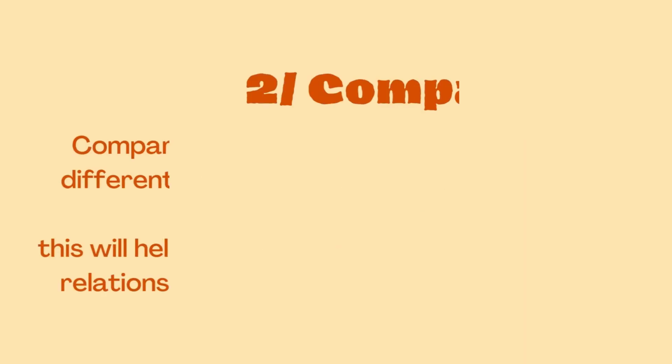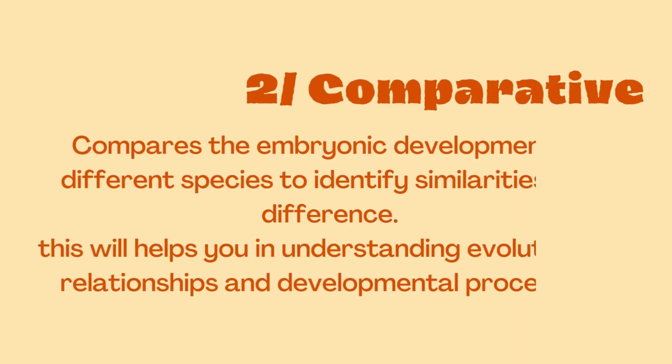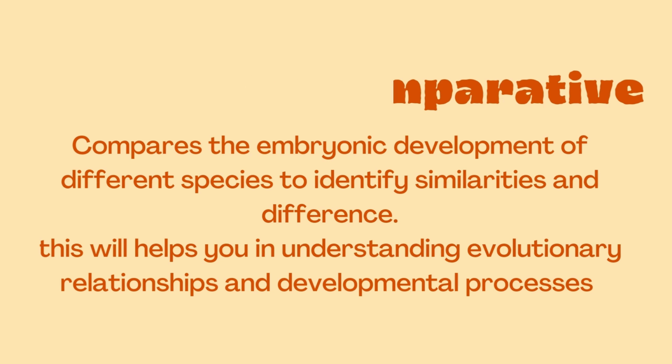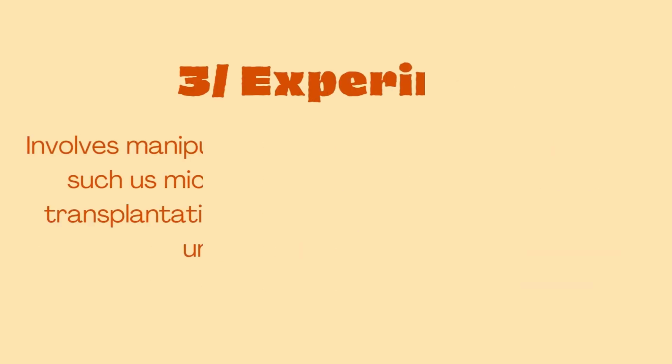The next one is comparative embryology, and it compares the embryonic development of different species to identify similarities and differences. This will help you in understanding evolutionary relationships and developmental process. The last one is experimental embryology.